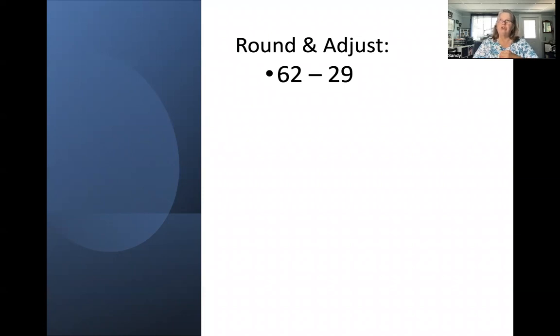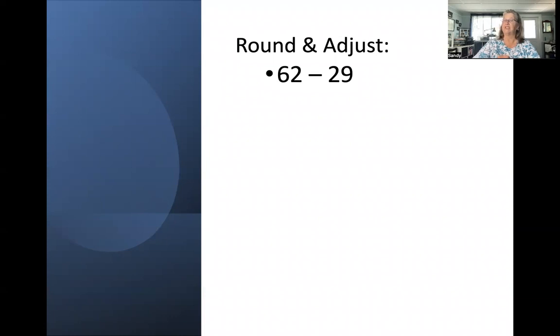Now, when you think of why would you want to learn round and adjust or decompose a place or a whole or counting up, I want you to think about when you go to buy something at a store, and I'm going to pick quite small numbers, but let's say I'm going to buy something at the store that's 28 cents. I have never said to a cashier, I'm sorry, I don't have enough pennies. Could I trade you a dime for 10 pennies so I can pay you?